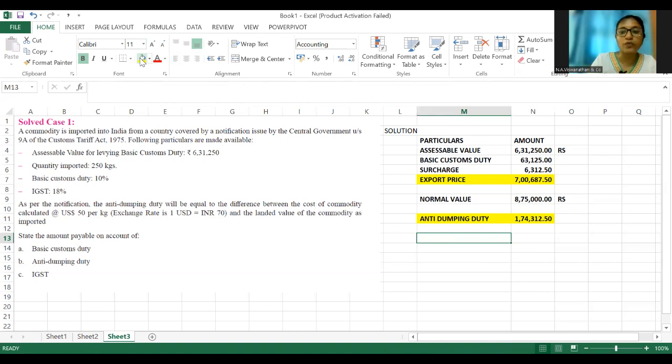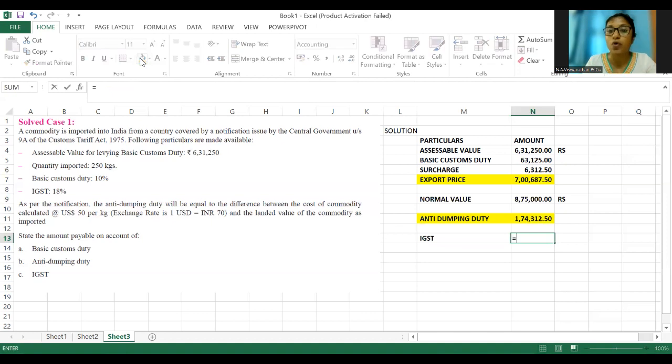Now how will IGST be calculated? IGST will be calculated on the assessable value plus all the customs duty. All of them, like anti-dumping duty, if there is countervailing duty, all the duties put together. So IGST will be on assessable value plus basic customs duty plus surcharge plus anti-dumping duty.